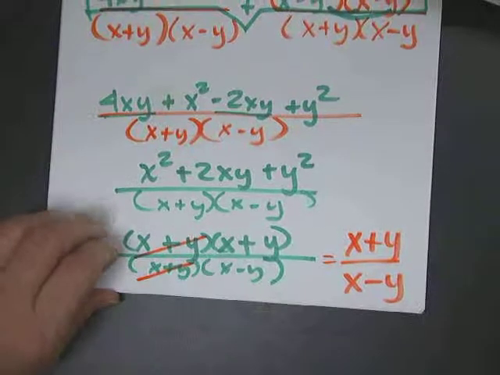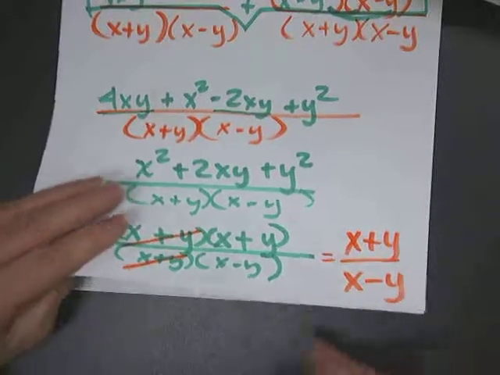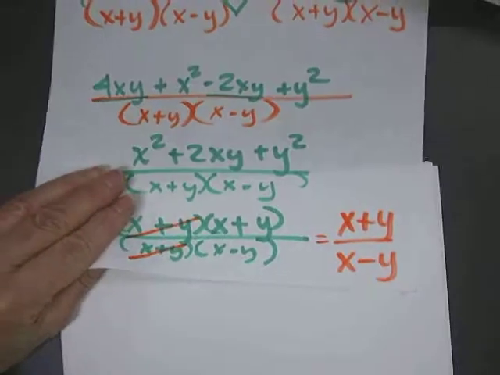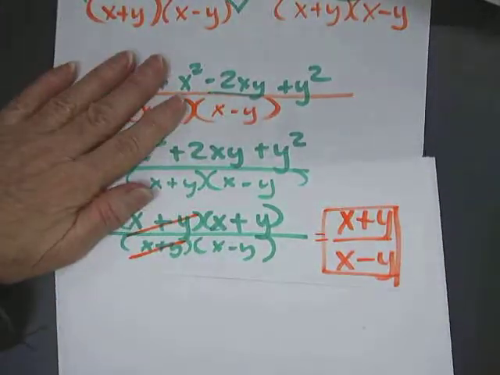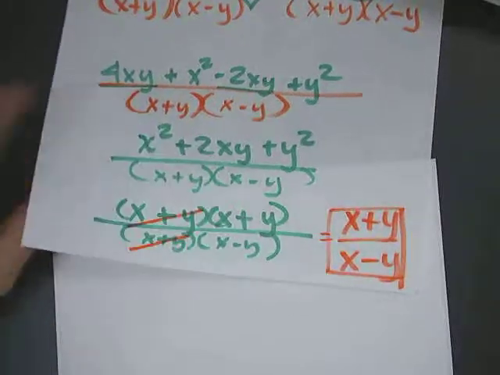Cancel. Cancel one of the x plus y's. So our answer is x plus y over x minus y. Can we cancel an x? No, you may not cancel an x and you may not cancel a y.